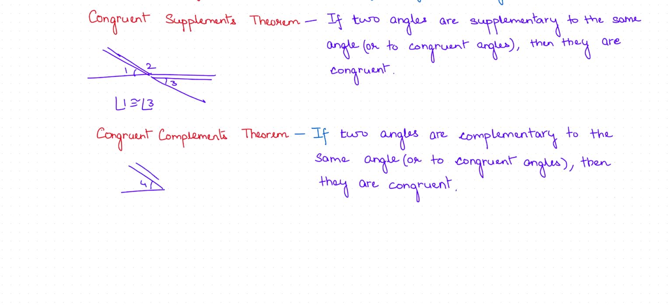So 4 and 5 are complementary and 5 and 6 are complementary. Then angle 4 and 6 would be congruent. So 4 and 5 are complementary, 5 and 6 are complementary, then 4 and 6 would be congruent. Let's do another theorem.